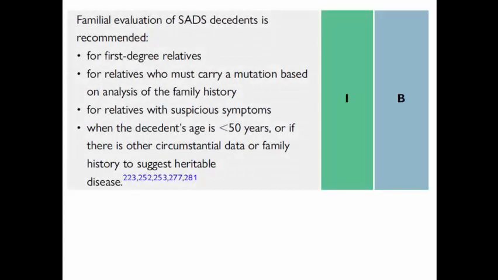So the familial evaluation is recommended for first-degree relatives, any relatives who must carry a mutation based on the analysis of the family history, which we call obligate carriers, and relatives with suspicious symptoms, if the decedent's age was less than 50 years or there were circumstances or family history suggesting heritable disease.